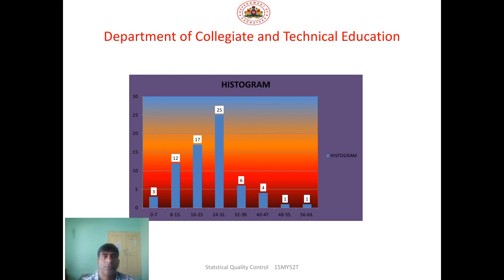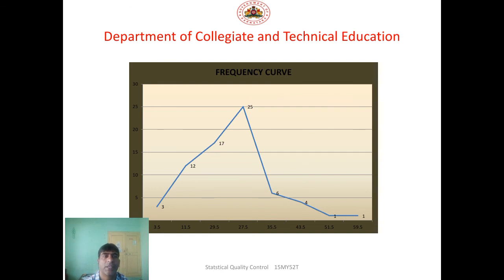So moving on, we'll see the frequency curve. For the frequency curve, we are marking the points with the midpoints on the x-axis and the frequency on the y-axis. We are marking the points and joining them through straight lines.